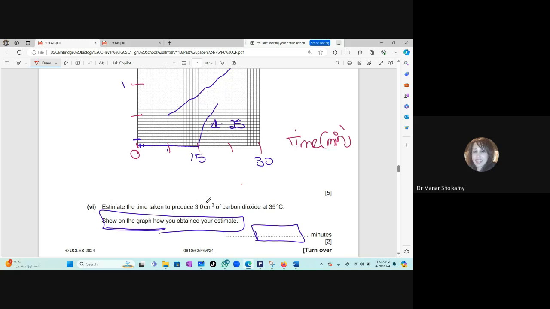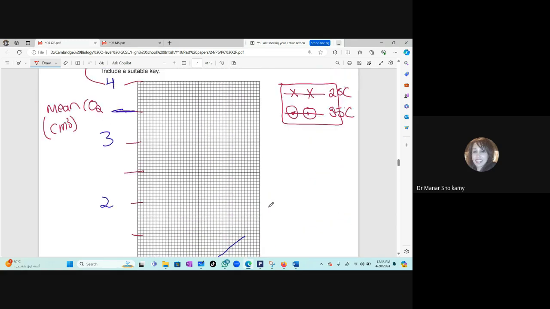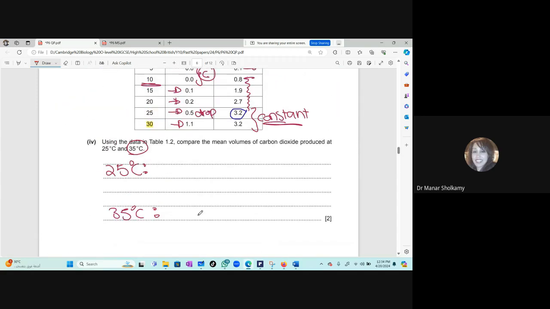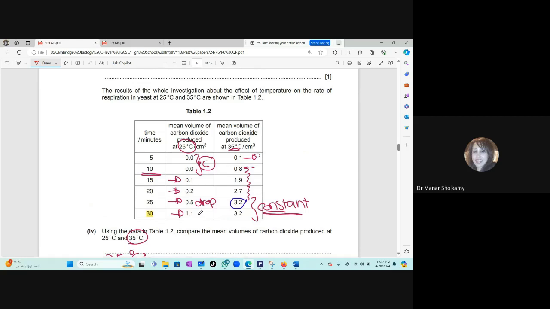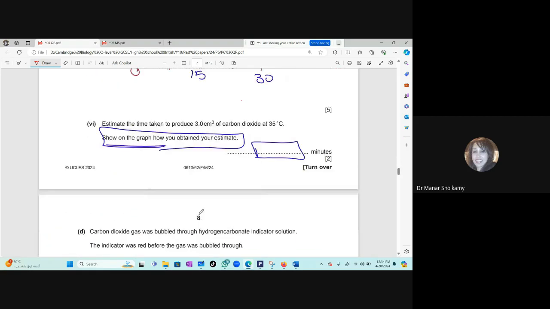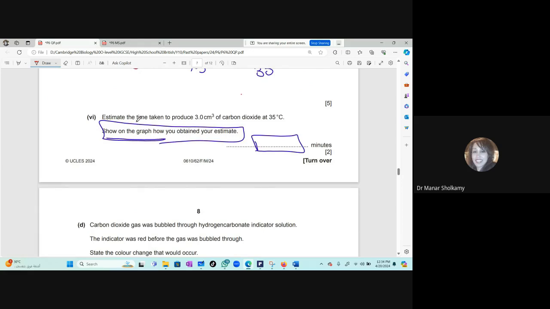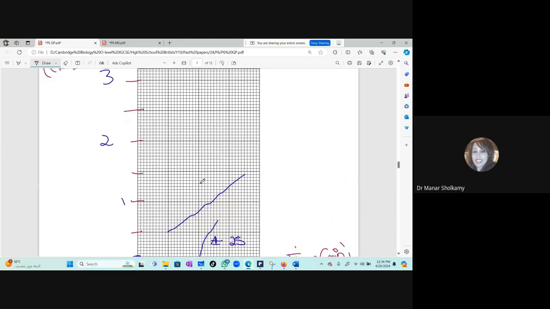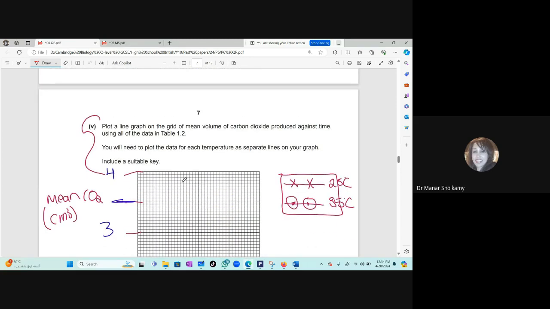Estimate the time taken to produce 3 centimeter cubed of carbon dioxide at 35 degrees. How will you do that?